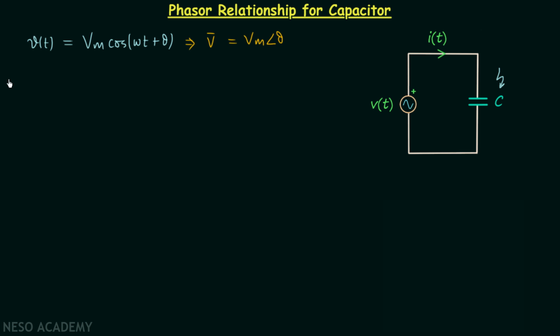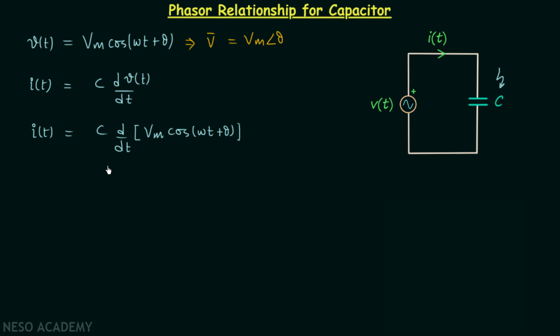We know in case of capacitors, the current through the capacitor is equal to the capacitance value multiplied to the derivative of voltage across the capacitor with respect to time. We know what is v(t). It is equal to Vm cos(omega t plus theta), and therefore current i(t) will be equal to C d by dt of Vm cos(omega t plus theta).